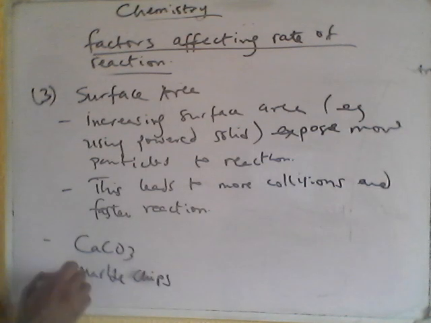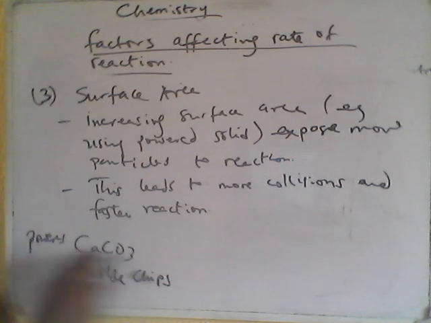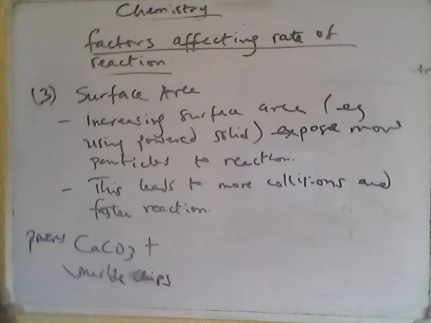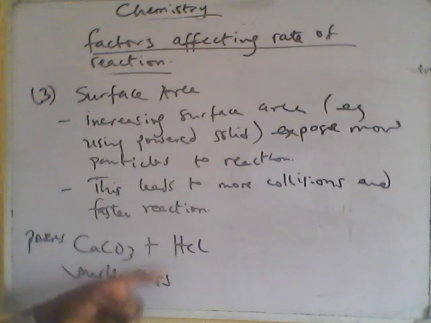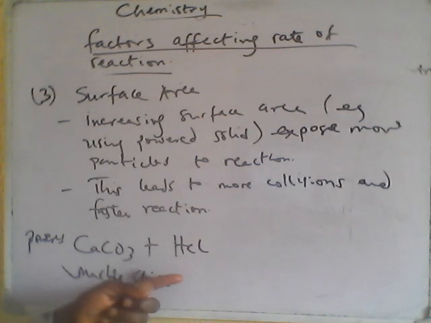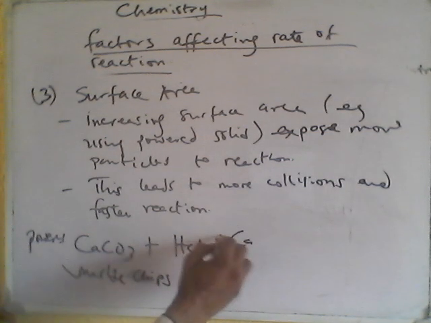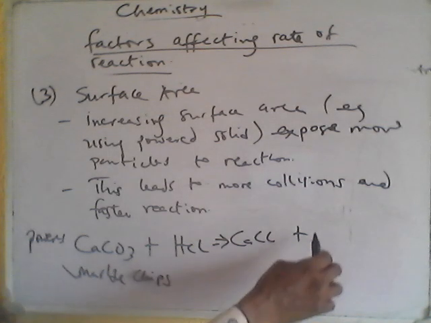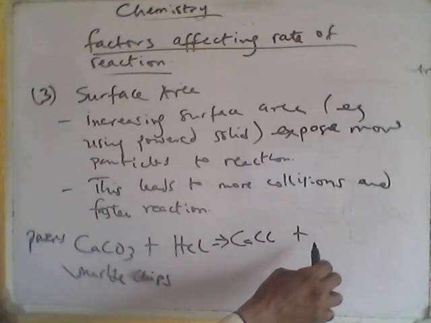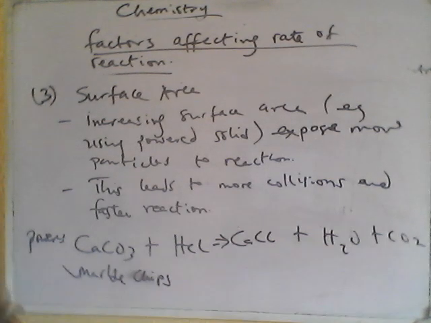But if you have this marble chip in powdered form, so powdered calcium carbonate, it reacts faster with hydrochloric acid, of course, to form calcium chloride. Okay, so that is it.